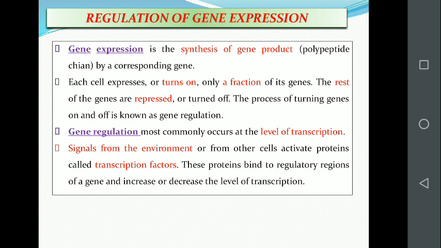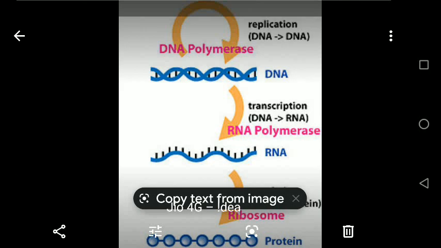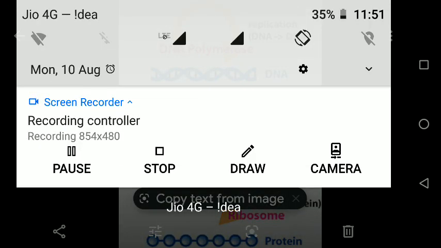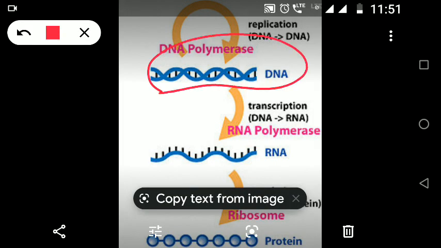In gene expression we will study two important processes. The first one is transcription and the second one is translation. From genes to protein, in the middle of these two processes, we have the mRNA molecule. That is why gene expression is nothing but transcription plus translation. When we look at the central dogma of life, we have DNA, which here is the gene.